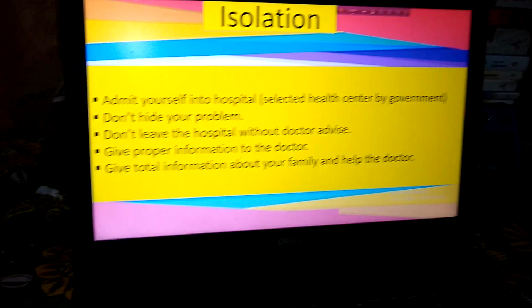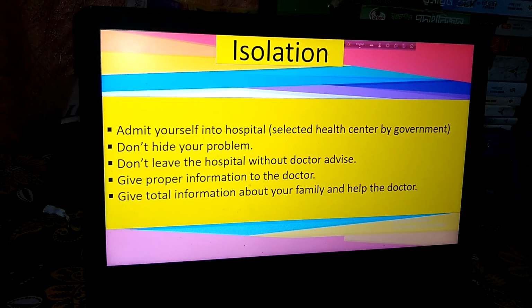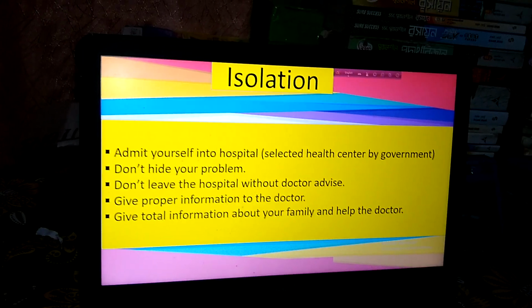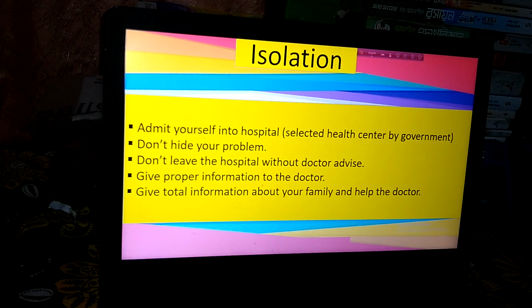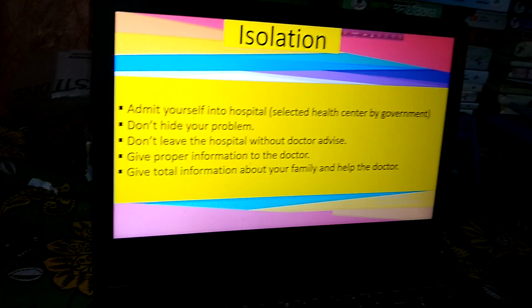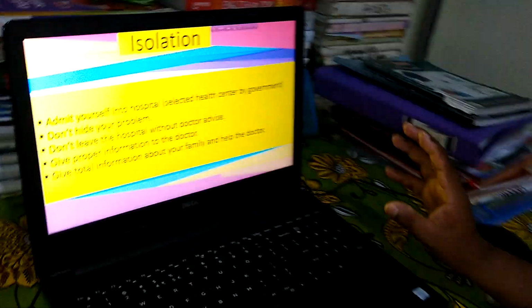Then isolation. Isolation means if there are any affected people, then he or she has to admit himself or herself to a hospital, a health center selected by the government, where the government is giving corona treatment, and this person must be detached from other patients of the hospital.